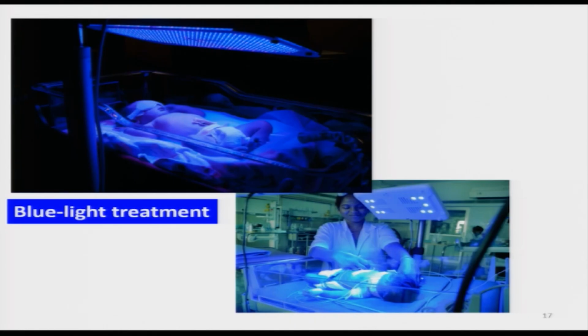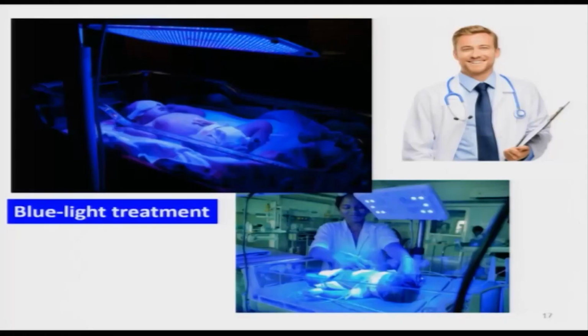The nurse is very happy to see these kids getting exposed to blue light, and thereby bilirubin is getting destroyed, and they are also earning lots of money. The nursing homes, hospitals, and doctors also earn lots of money out of that, but it is very simple. Of course, there can be some complications, so you have to go to the doctor.